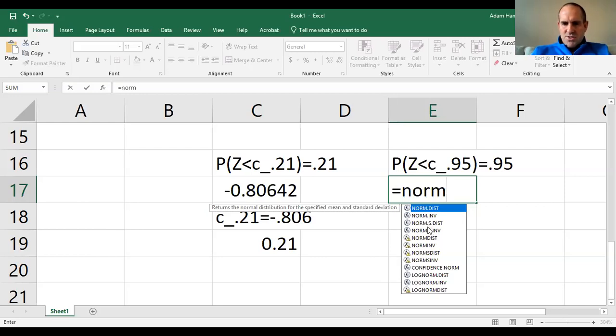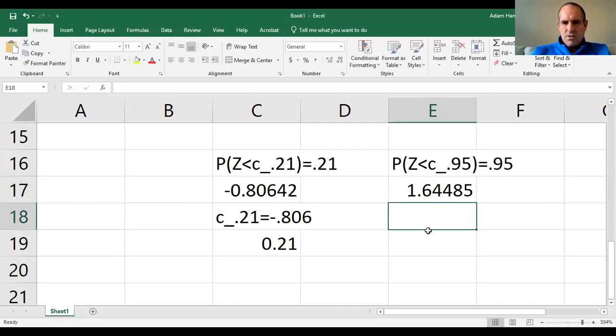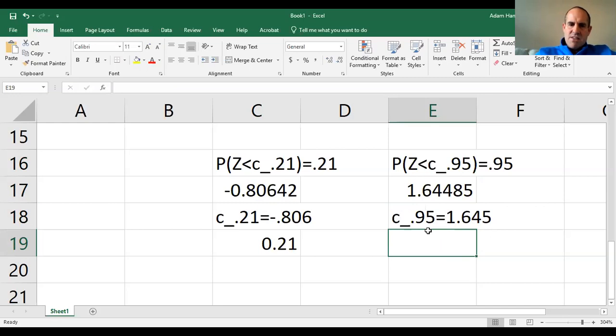Normal standard inverse, 0.95, and I get 1.645. So C sub 0.95 equals 1.645. That means if I go 1.645 standard deviations to the right of the mean, I will have encountered basically 95% of the data.